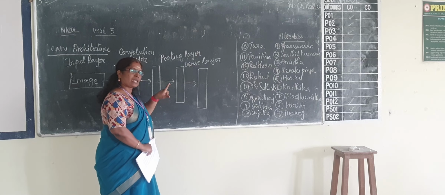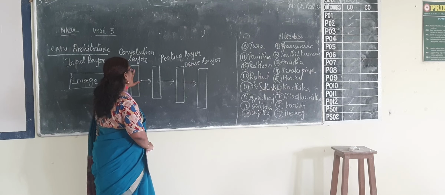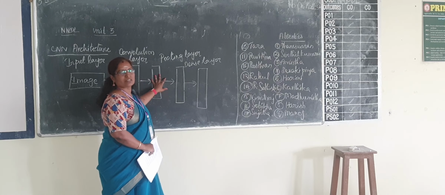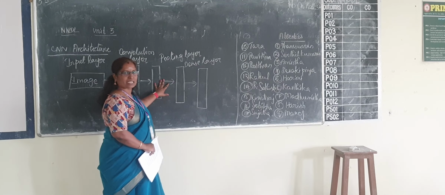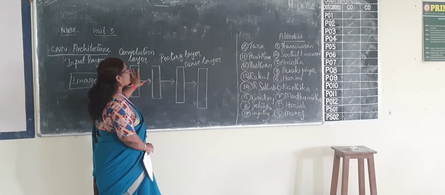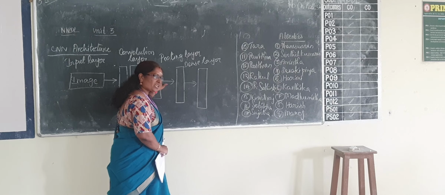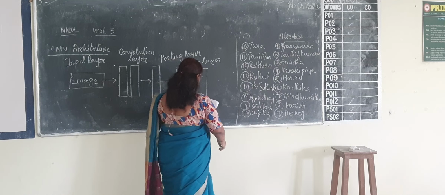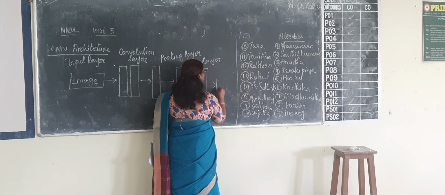Whereas in machine learning, this will not be available; directly the dense layer will be there, and that is where the conversion process takes place. But in CNN, you have a convolution layer which performs a convolution operation or function, which is very, very important here. After the dense layer, you have the output.